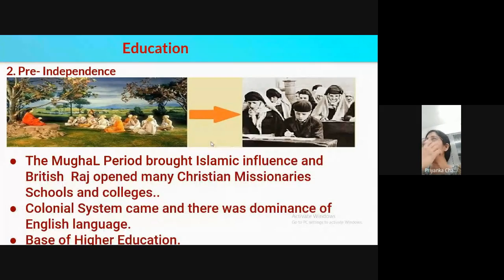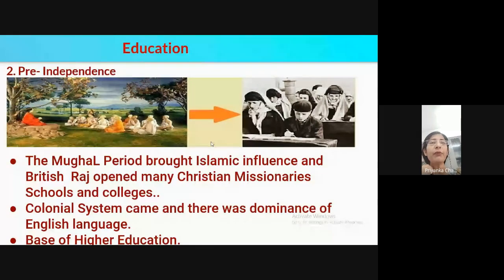After this Vedic era comes the pre-independence period. First was the Vedic period, second one was pre-independence. Under this, there was an Islamic influence from the Mughal period, and there was the influence of the British Raj.